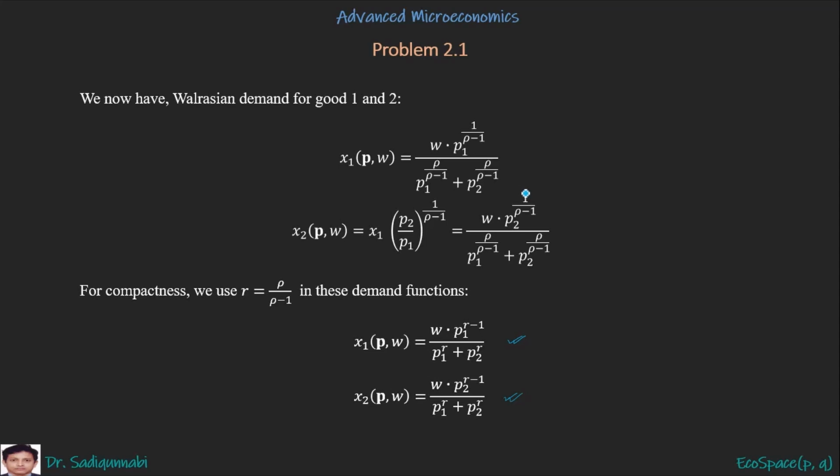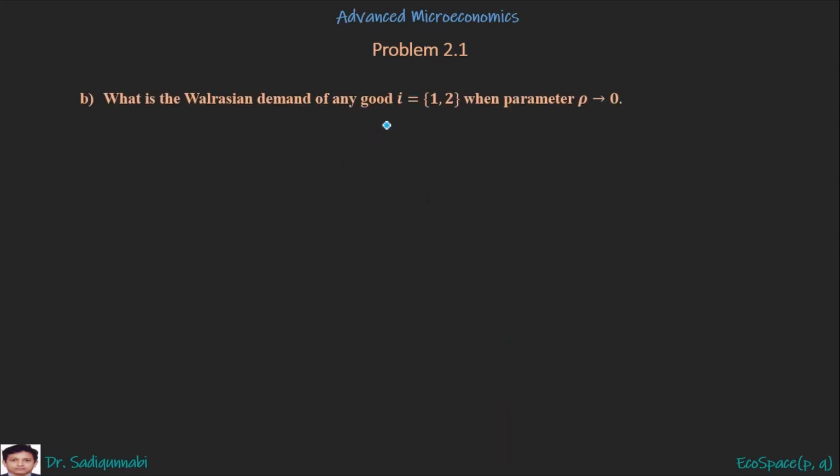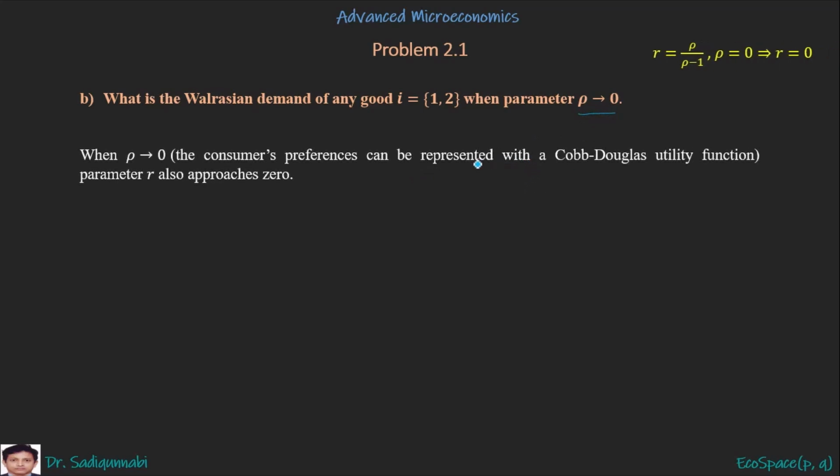Now question B says what is the Walrasian demand for good 1 and 2 when parameter rho tends to 0? And it is very simple, because we know that r equals rho upon rho minus 1. So when rho equals 0, then r should be equal to 0.